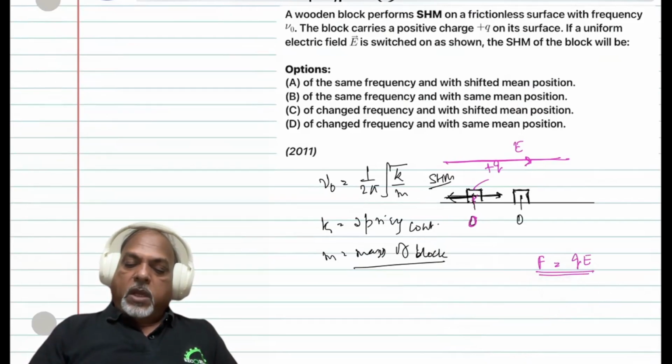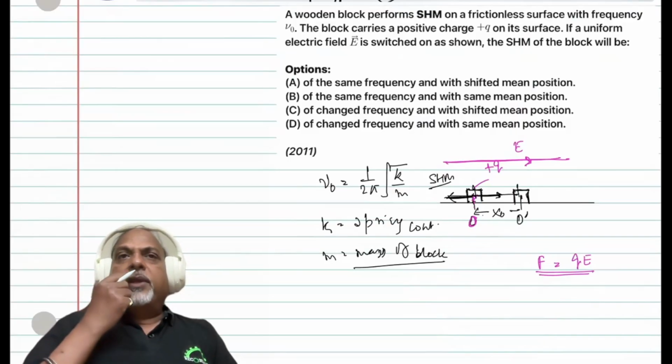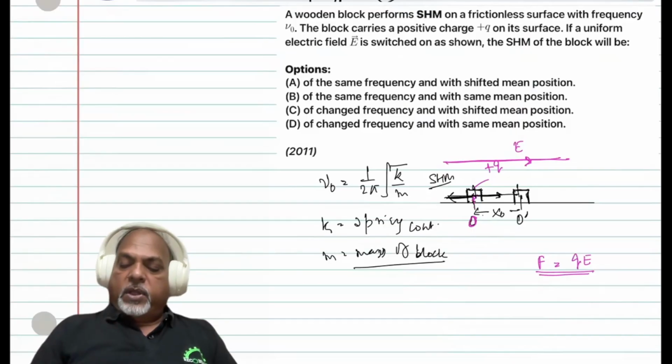Now, this will become the mean position. Suppose this shifts x0 distance. This x0 shift is basically due to this electrostatic force. That means QE is nothing but K into x0, or you can say x0 is nothing but QE upon K.